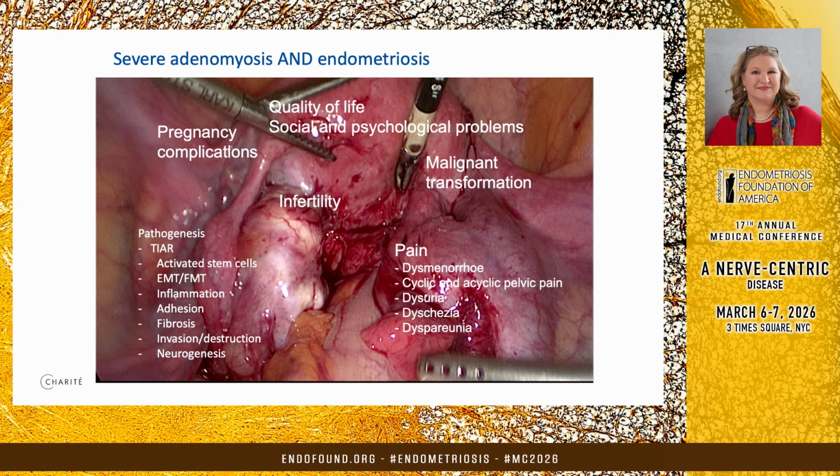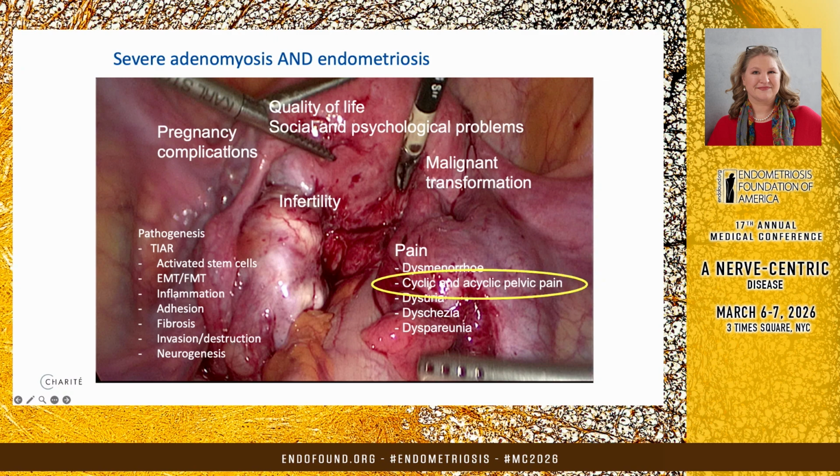So we started many years ago with research on the topic of the nerve fibers, because one of the main points in endometriosis is the pain, and we need to understand the pain in more detail.